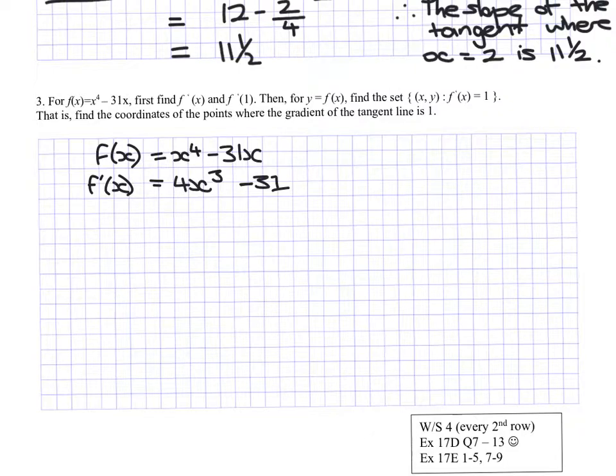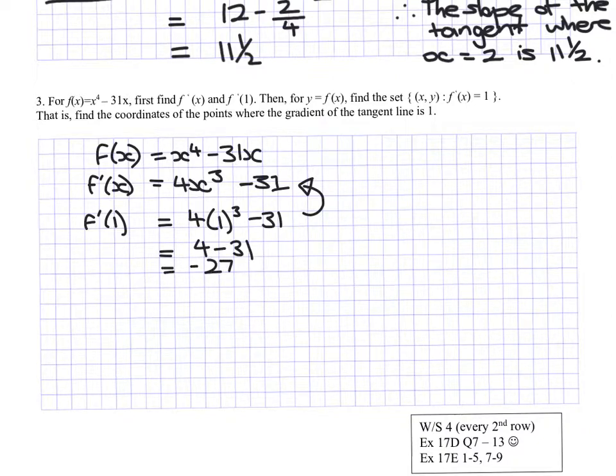Now f dash of 1, well, that's the slope of the function when x equals 1. That's going to be 4 times 1 cubed take 31. All I did was replace the x in that function by 1. And that tells me 4 take 31, which is just negative 27.